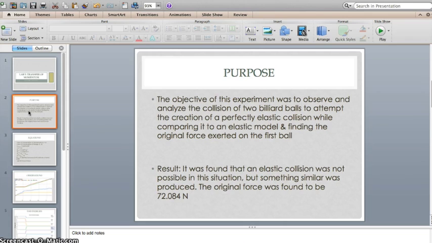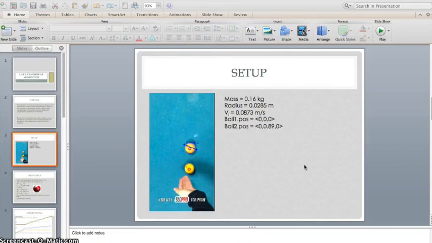However, something similar was produced, and the original force on the ball was found to be 72.084 newtons.